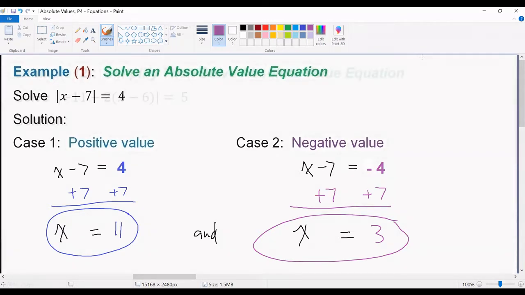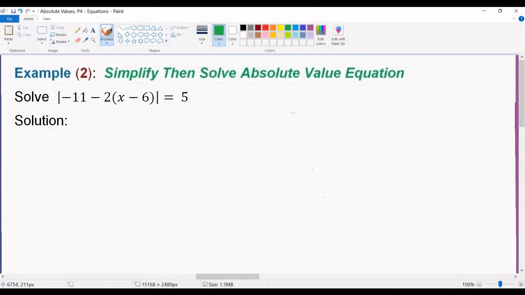In example 2, we're going to continue solving absolute value problems. However, this time, before we can set up our two cases, our positive and negative case, we need to simplify everything inside the absolute value first. So inside the absolute value, we're going to have a negative 11. However, we're going to have to distribute the negative 2. So we get negative 2x plus 12.